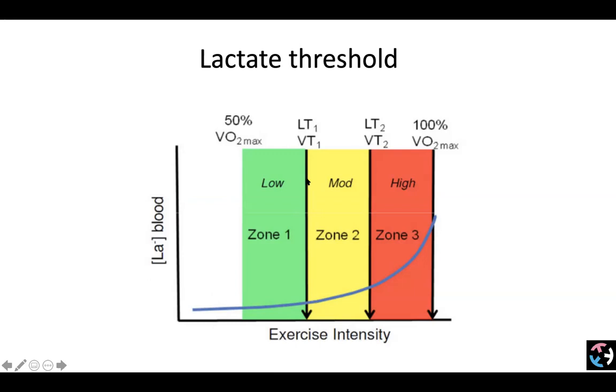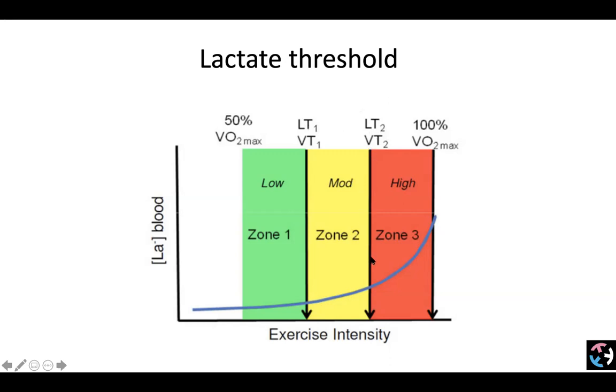It might be above 1 or 1.5 millimoles. It's slightly different per athlete, but it's usually as it rises above base levels. Then the blood lactate starts to increase as heart rate increases, and it gets to another point where your blood lactate will increase exponentially until the point where you can't run anymore, and that would be your VO2 max up here. And this point where it starts to increase exponentially, we call your LT2, or your anaerobic threshold.